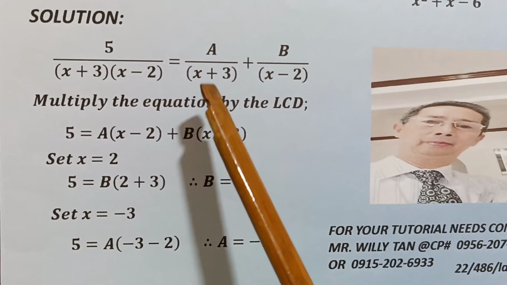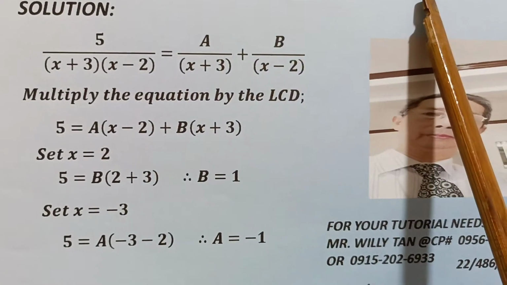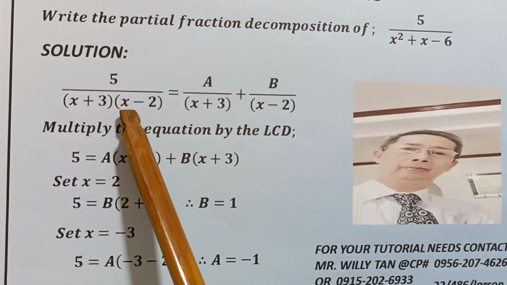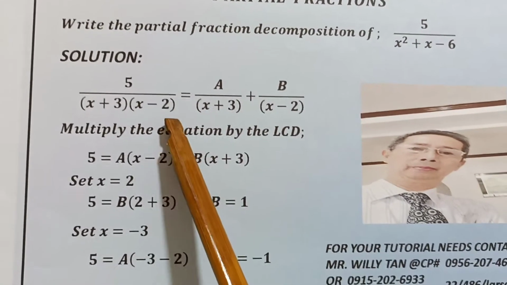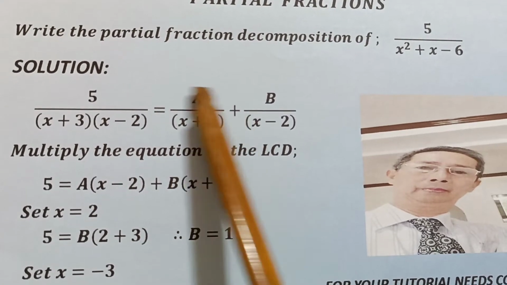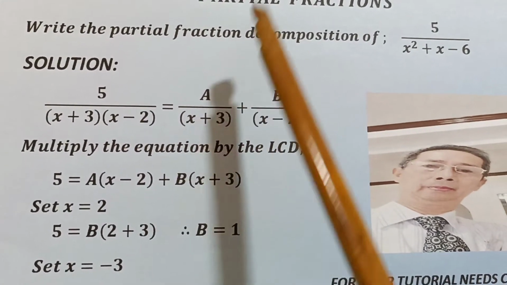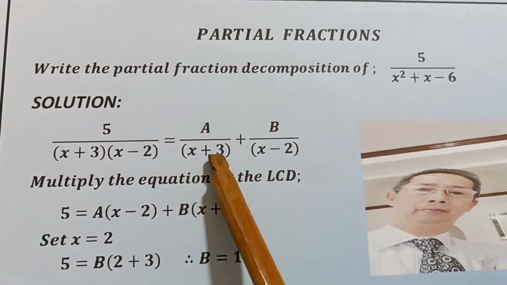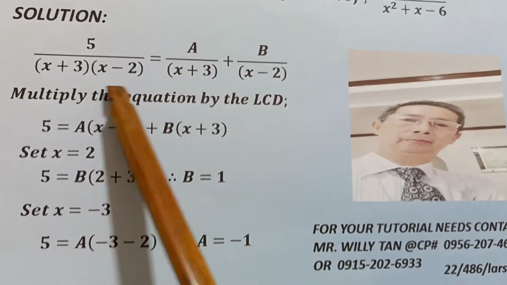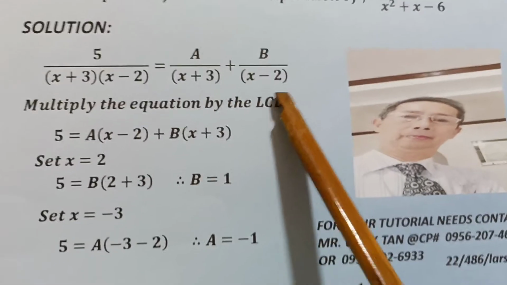So if we factor the denominator, we have x plus 3 times the quantity x minus 2. So the first term will be a over x plus 3, and the second one will be b over the second factor x minus 2.